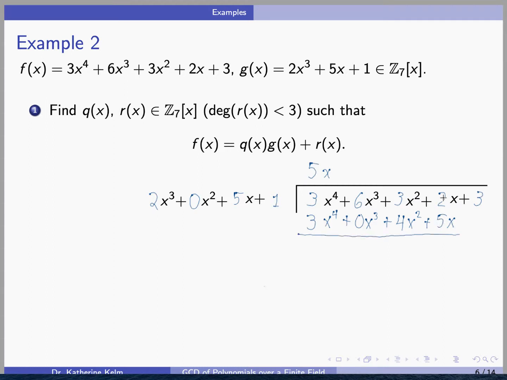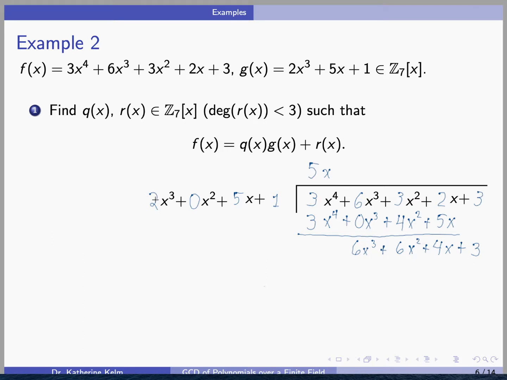Now we subtract. 2 minus 5 is negative 3, which is 4 in Z7. 3 minus 4 is negative 1, which is 6 in Z7. 6 minus 0 is 6. So after subtraction, we have 6x cubed plus 6x squared plus 4x, and then we bring down the plus 3.